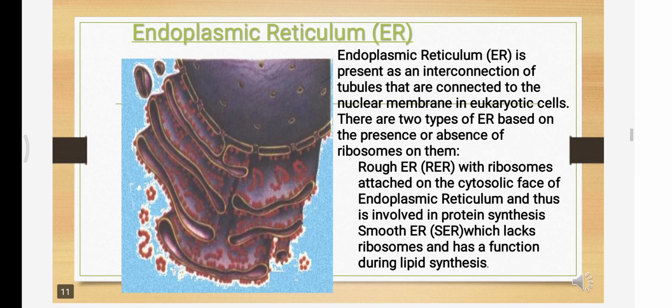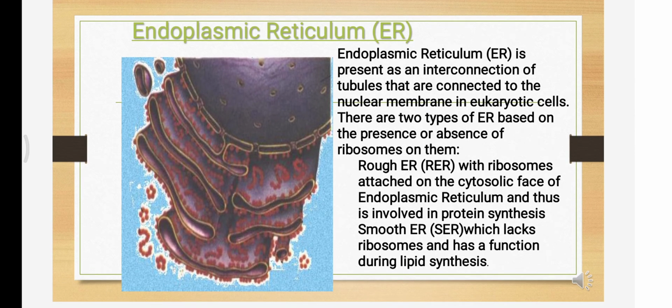Next slide, I speak about the endoplasmic reticulum. The endoplasmic reticulum is present as a network of tubules that are connected to the nuclear membrane in eukaryotic cells. There are two types of ER based on the presence or absence of ribosomes.